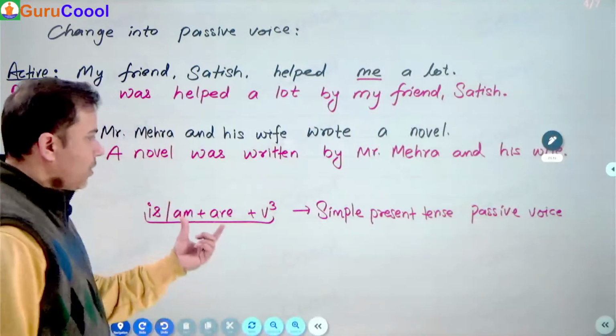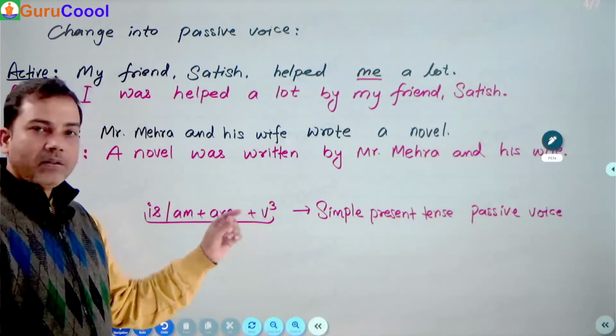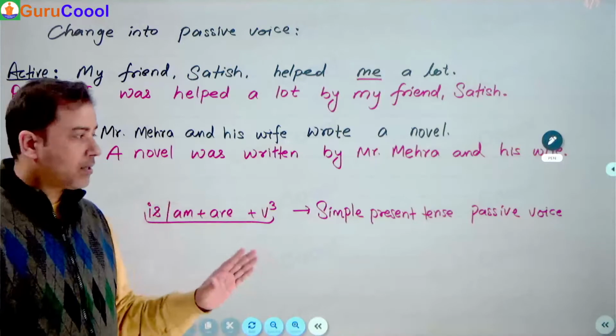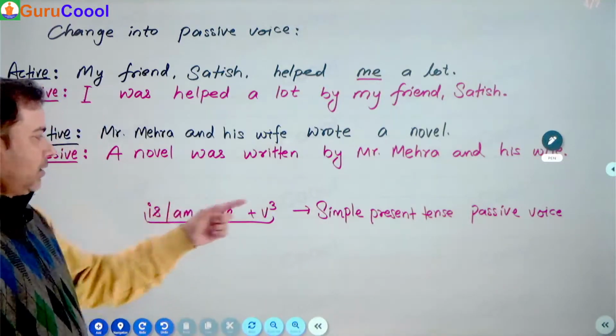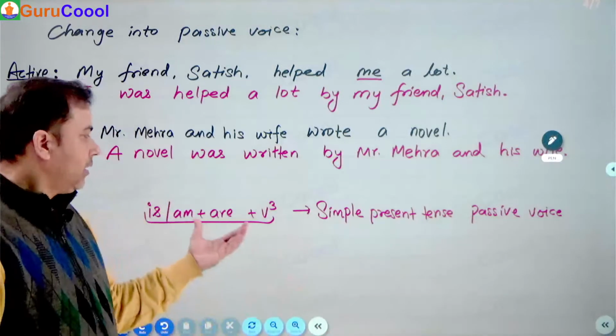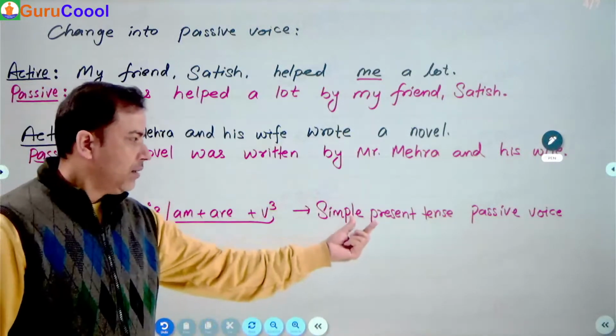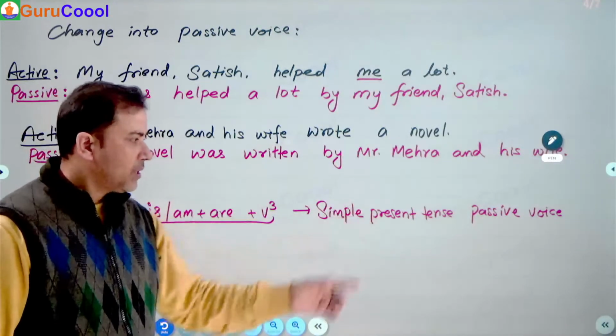Okay, so in short, you should remember it. Is, am, are, then V3. It is guaranteed, nothing else. The only option is simple present tense passive voice. Is, am, are plus V3 falls only in this category, simple present tense passive voice.